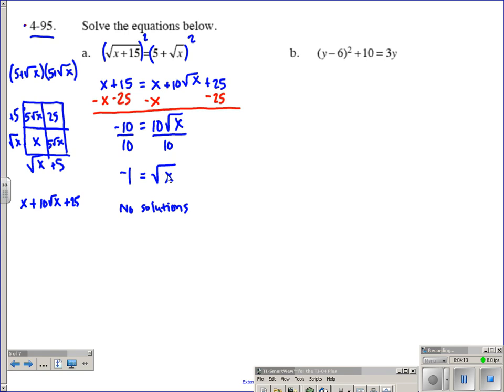There is no number we can take the square root of to get negative 1. So there are no solutions, or let's actually emphasize, there are no real number solutions. Actually, that's a better answer. So no real number solutions.